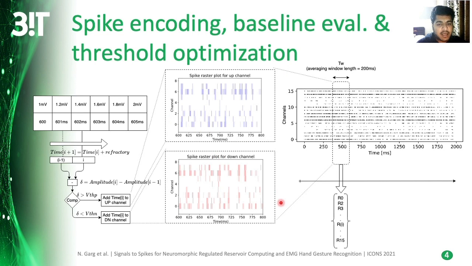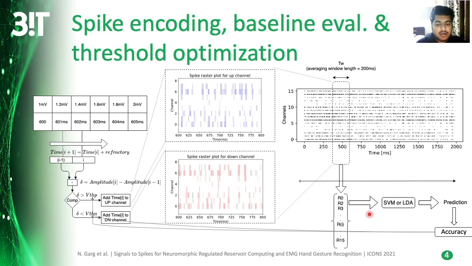We then combine the up and down channels and compute rate vectors through a non-overlapping window of 200 milliseconds. These rate vectors are then used to train an LDA or SVM based classifier for gesture classification. The encoding parameters, which are VTHP and VTHN, are optimized for classifier performance.